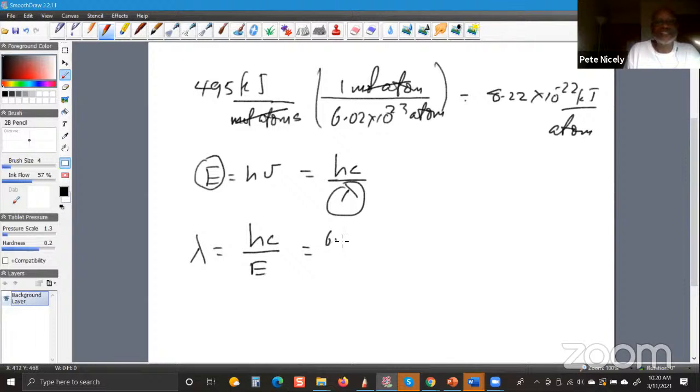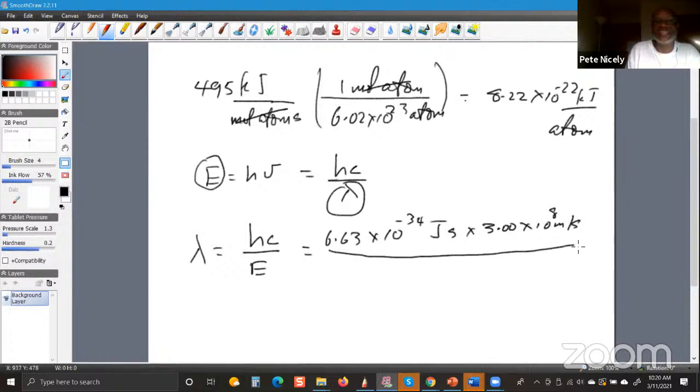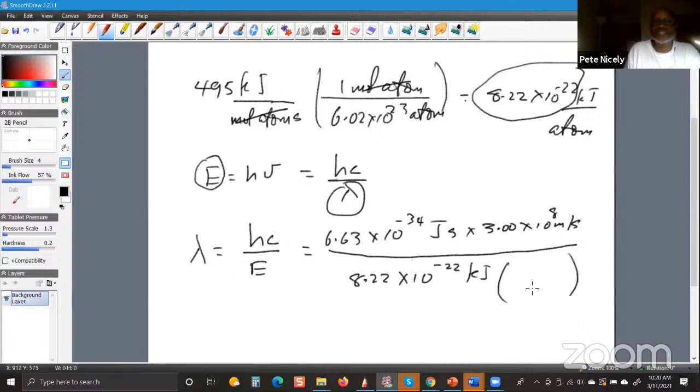So h is 6.63 times 10 to the minus 34 joule seconds, times the speed of light, which is 3.00 times 10 to the 8 meters per second. And then we divide that by E, which is this number right here, 8.22 times 10 to the minus 22. And this would be kilojoules, but we have to convert it to joules.